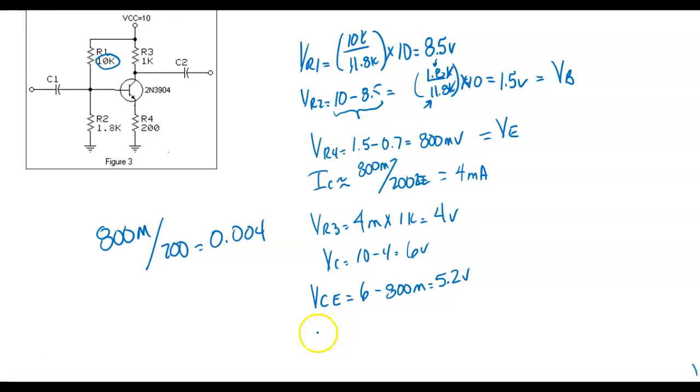And then our voltage gain, AV, would be equal to 1,000 divided by 200. So that means for every 1 volt we put in, we would get 5 volts peak to peak out. Is that everything? Maybe not in the right order, right?